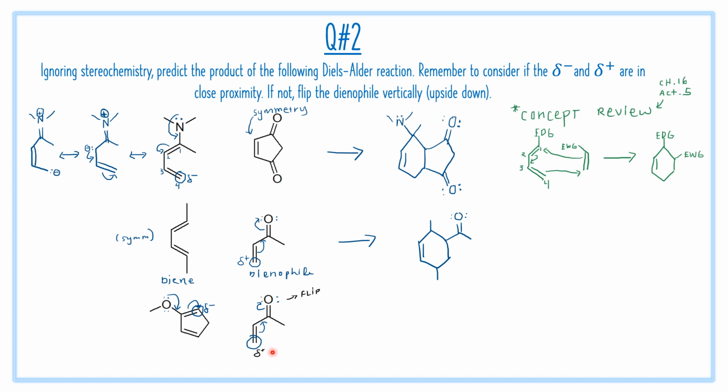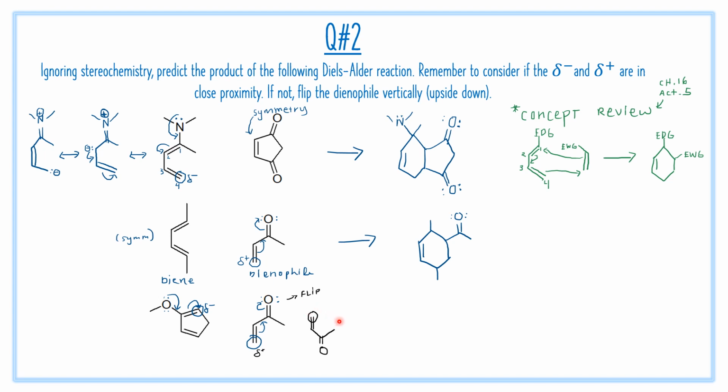Now notice here that these two carbons, the one with the most electron density and the one with the least electron density, are not in close proximity to each other. They are not directly next to each other. So that means for the dienophile, you need to flip it.